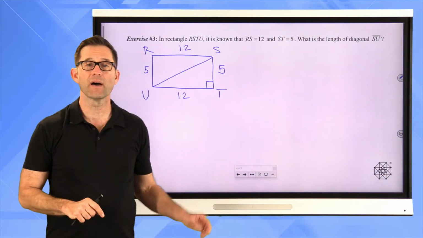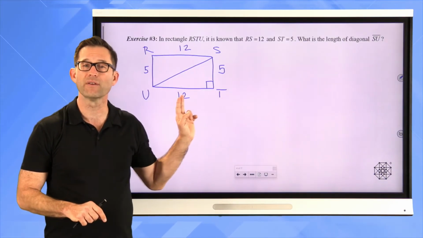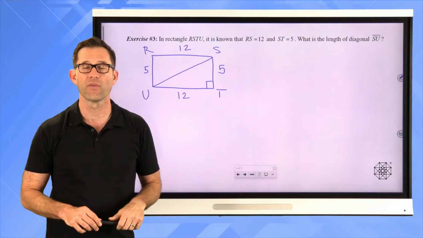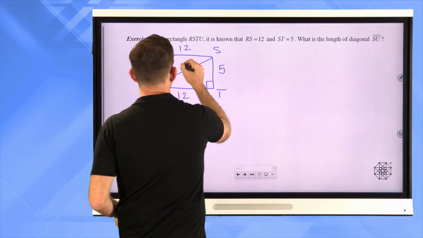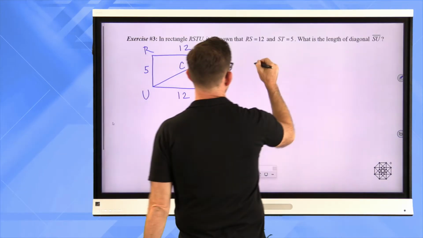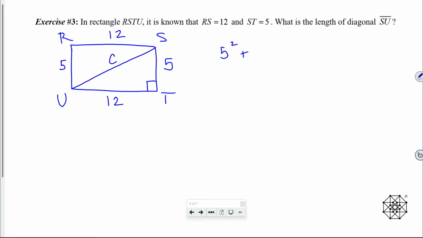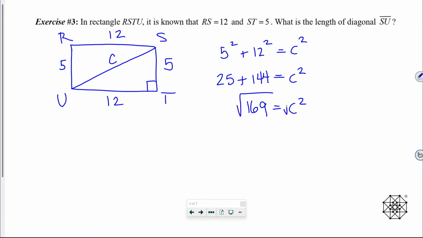Anytime I have two sides of a right triangle, I can always find the length of the third side by using the Pythagorean theorem. So if I call the length of the diagonal C, I can say 5 squared plus 12 squared is equal to C squared. 25 plus 144 is equal to C squared. 169 is equal to C squared. Take the square root of both sides, and C is equal to 13.